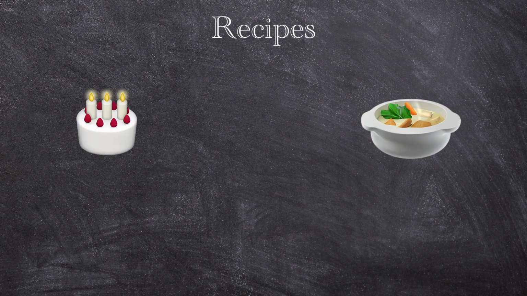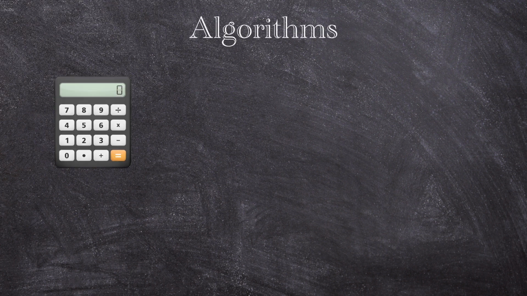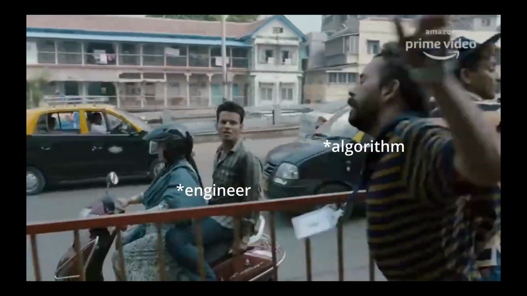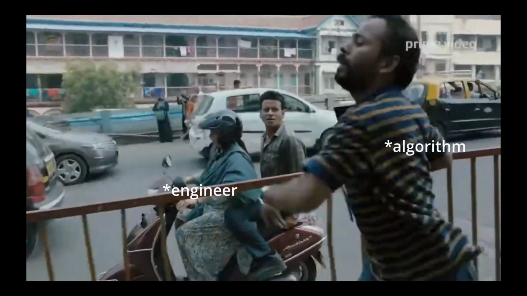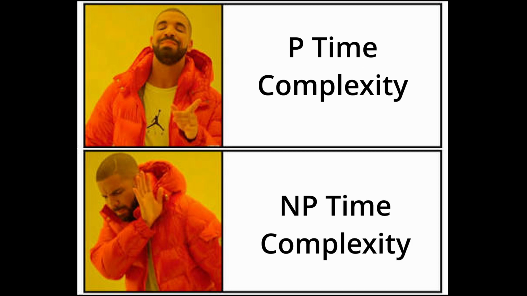Like we have different recipes for making cakes, soups, and vegetables, we also have different algorithms to make calculations, search on Google, and watch videos on YouTube. The ultimate aim of every computer science engineer is to make these algorithms as fast as possible. And to do that, they try to find algorithms that have a P time complexity instead of NP time complexity.